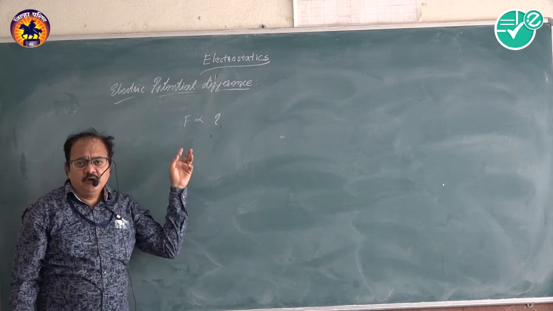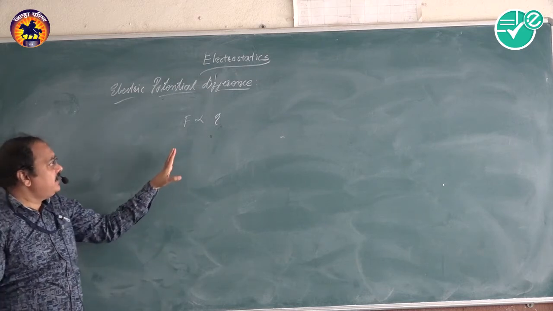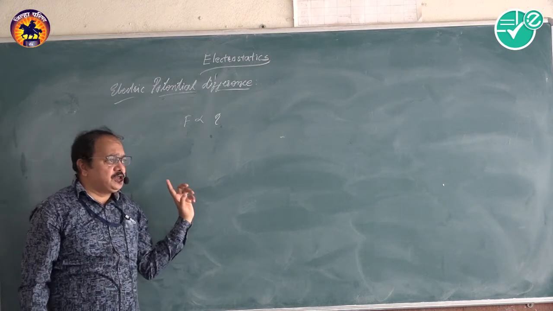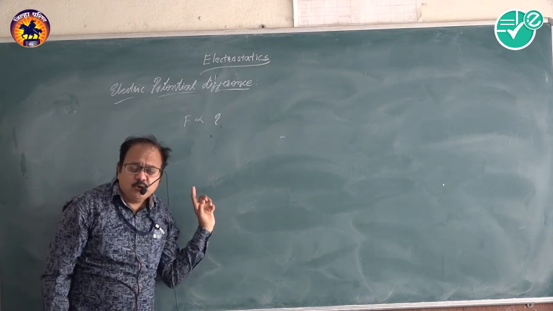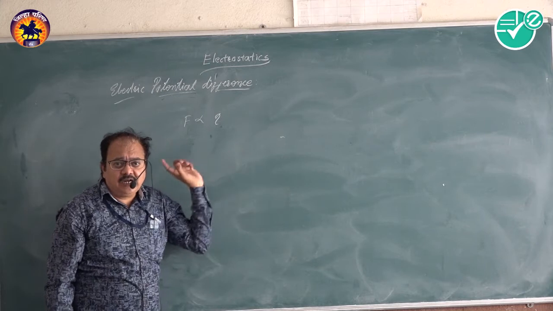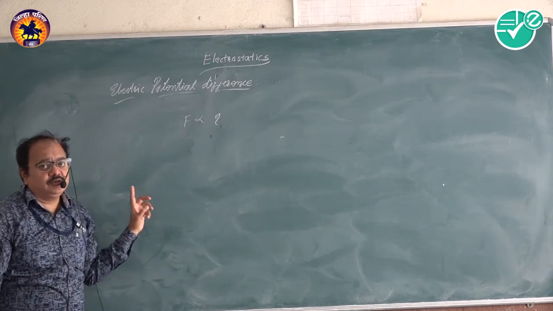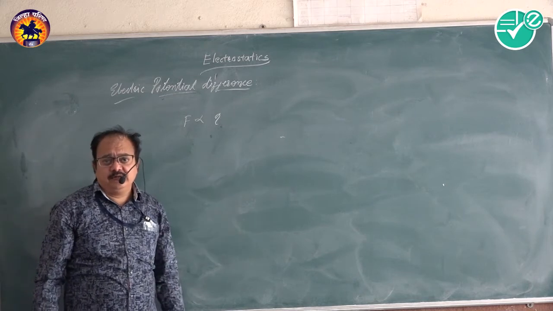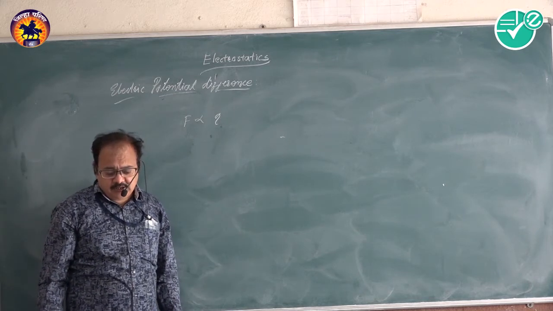But here we have to mention that the path along which the positive charge goes from one place to another is independent of the work. The path is independent of the work.